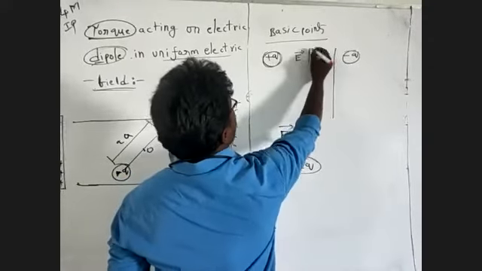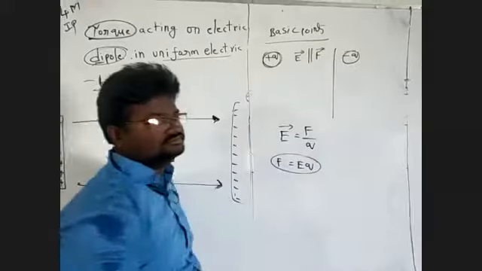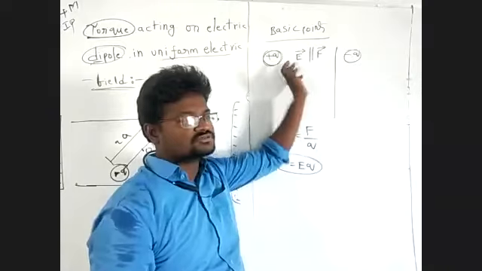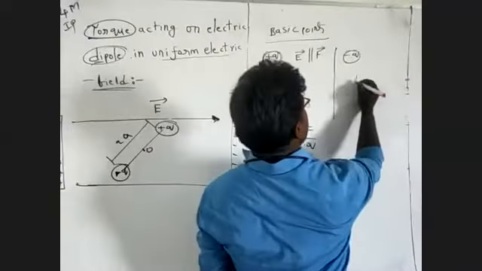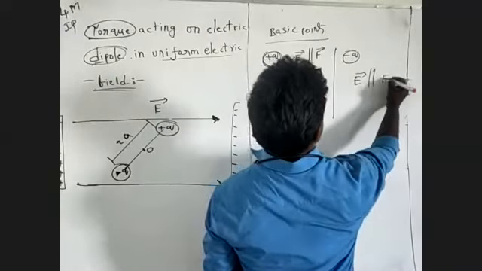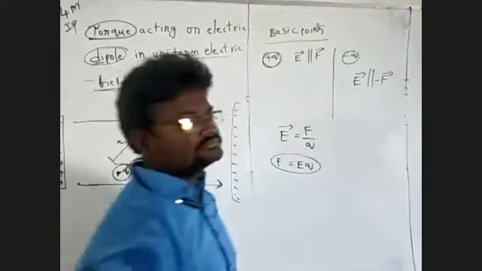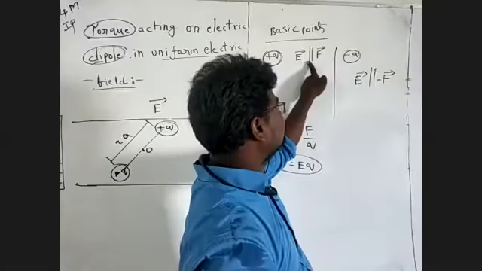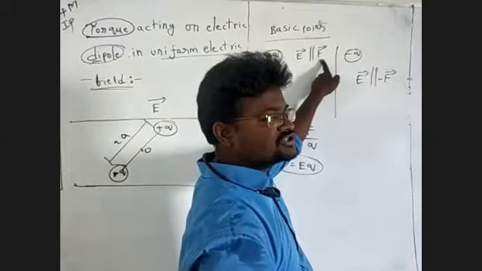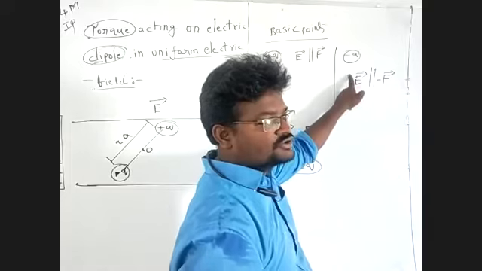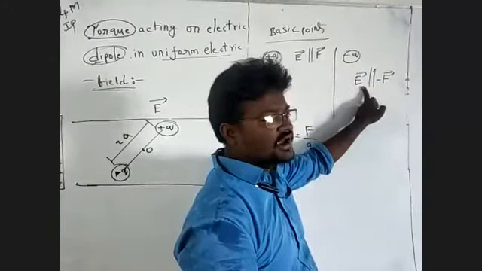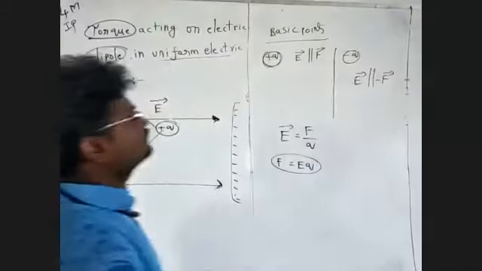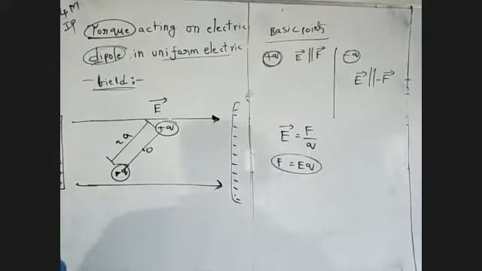The direction of the electric field and the force are in the same direction for a positive charge. For a negative charge, the direction of the electric field and the direction of force are opposite, anti-parallel. Now you will see what will happen here.